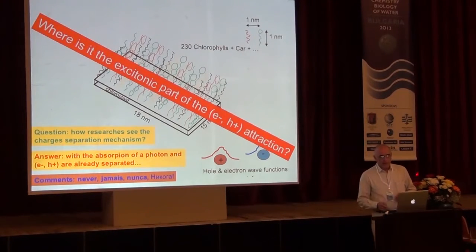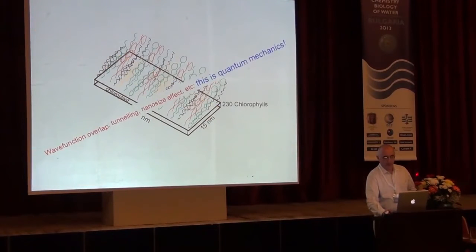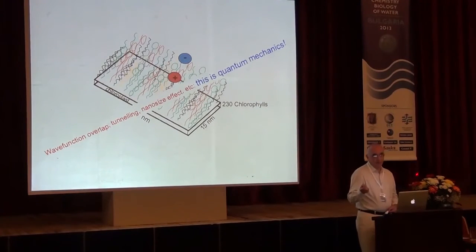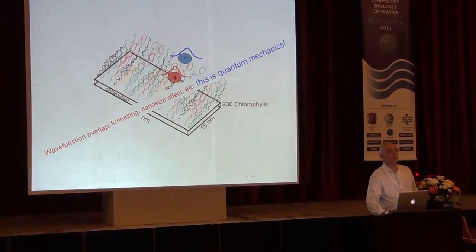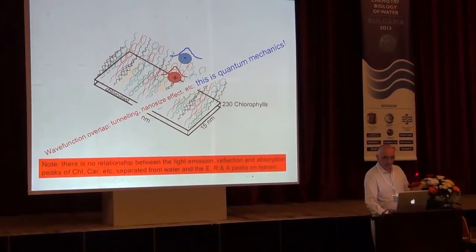So, this Coulombic attraction must be considered, and the nanosize of the proteins has to be considered. And when this molecule absorbs light, you have the negative and the positive at the same time. You have to consider the wave function, because this is quantum mechanics, because at nanometer size you have to take it into consideration.